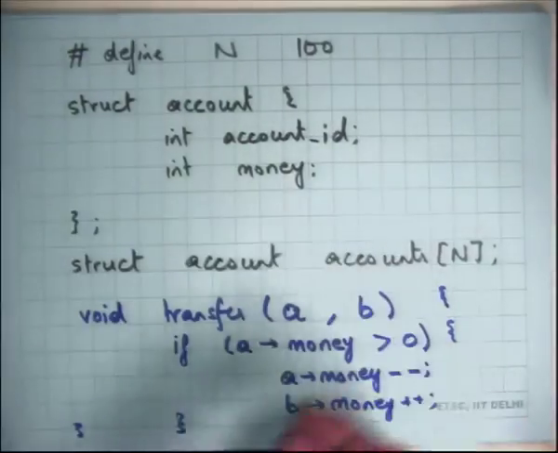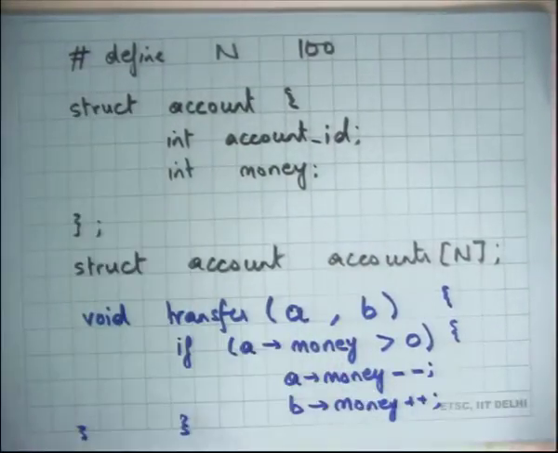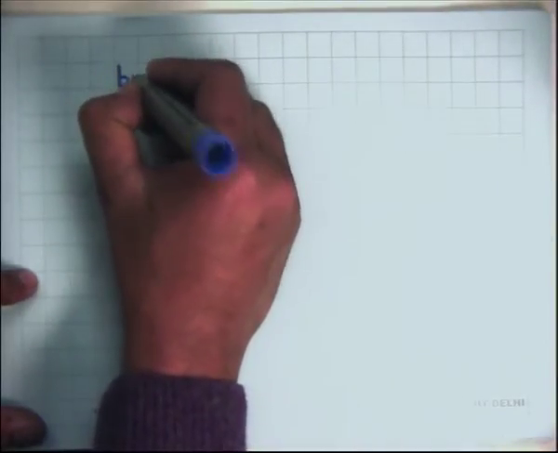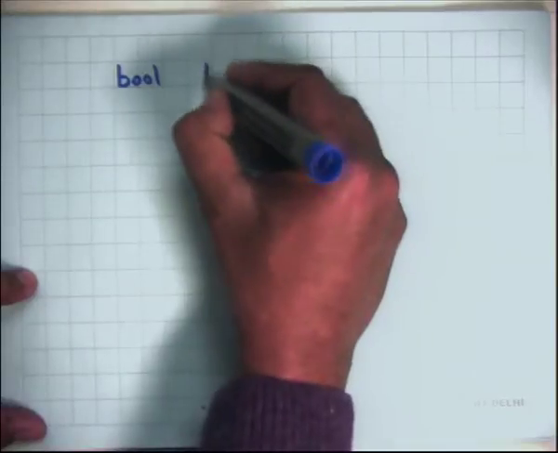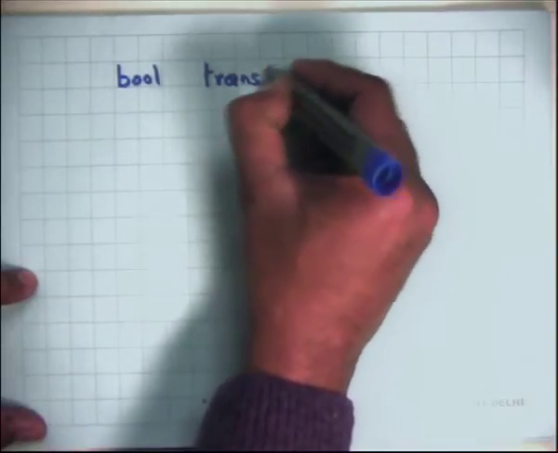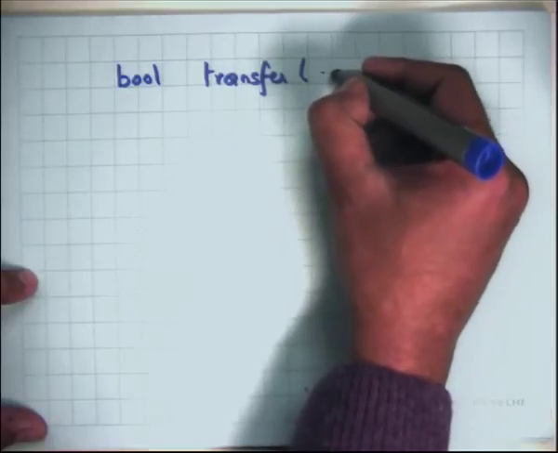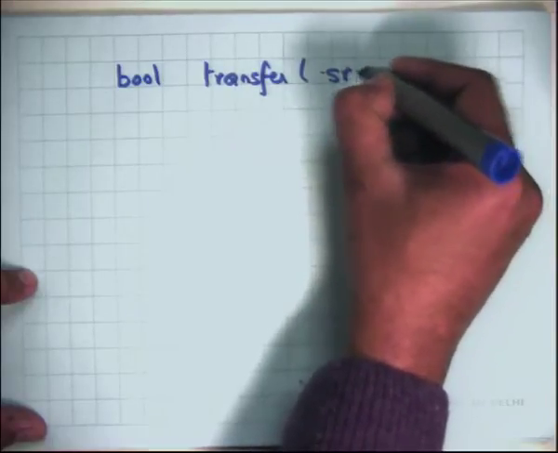So I want to provide this transfer functionality that's going to transfer money from one account to another. Let me rewrite this on a new slide because I'm running out of space here. And let's also say that this transfer can either succeed or fail. So this is bool transfer, source to destination.